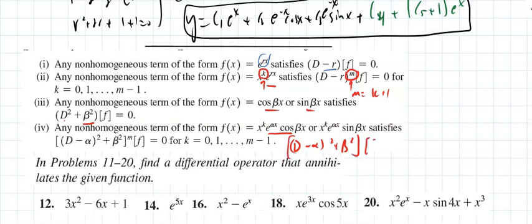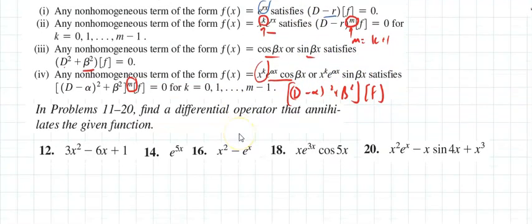And if you see that multiplied by x to the k, then you raise that to the m power. And we're going to do some examples on each of those. Again, always think of it as whatever this power is, you're going to take one derivative higher.